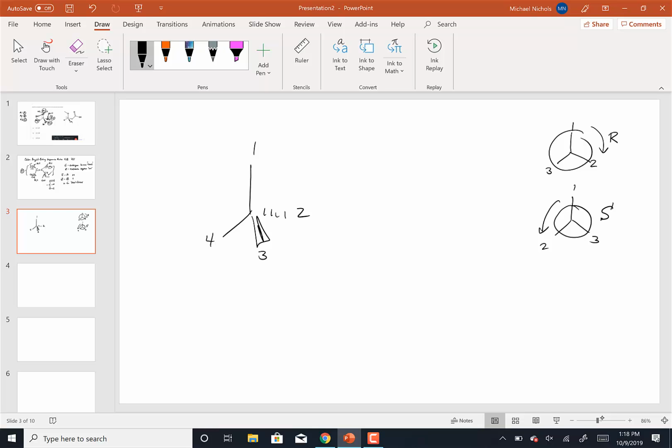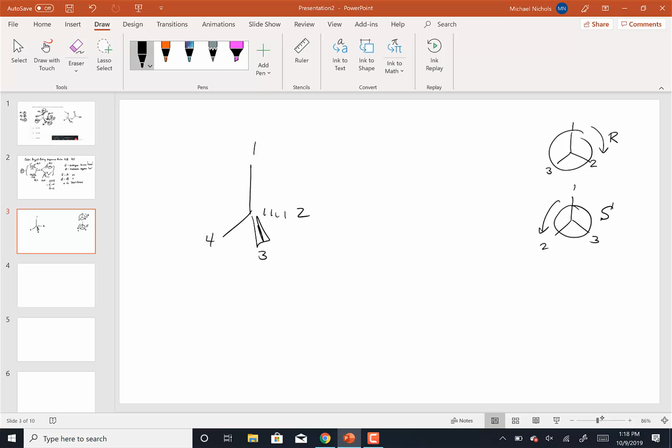Now, what that means is that the 4th priority group has to go on a dashed line, on a dashed wedge. Okay. So in this case, I have 3 ways to orient this molecule with number 4 on a dashed wedge.